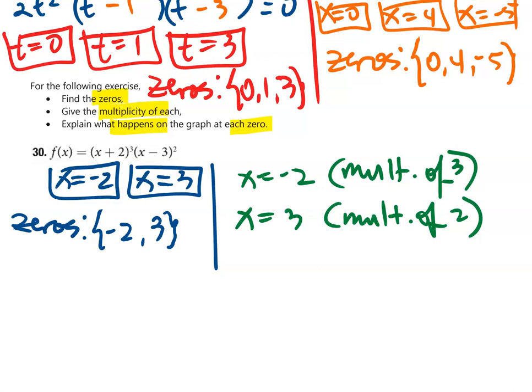So remember, it's an odd number, so yes, it will cross over the x-axis. How about 2?